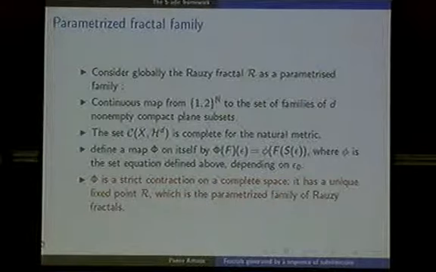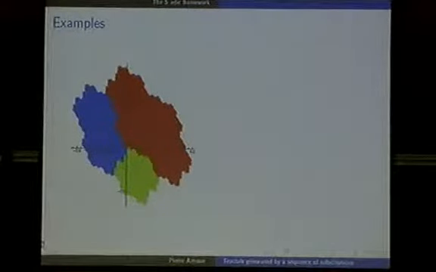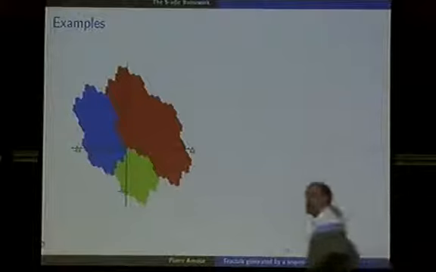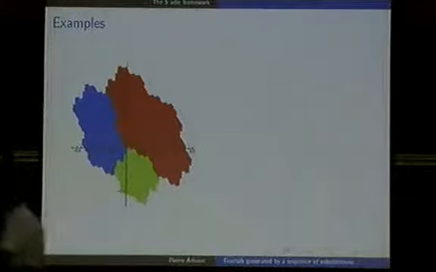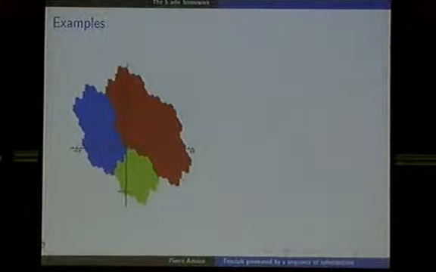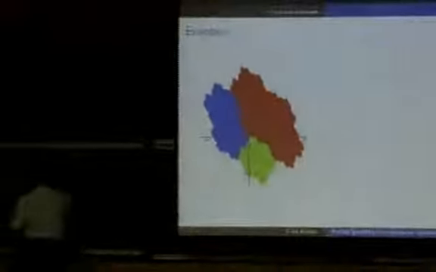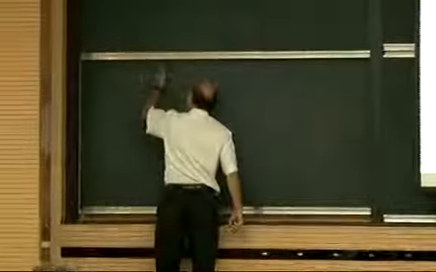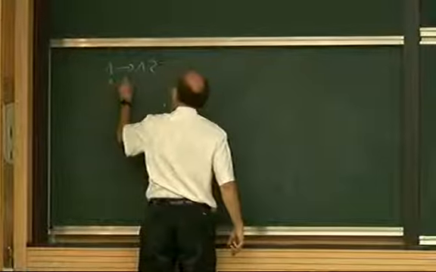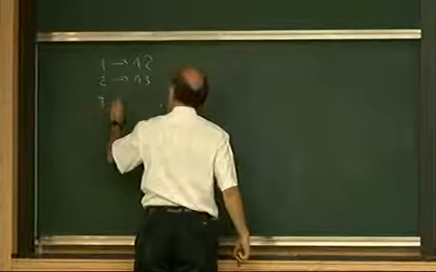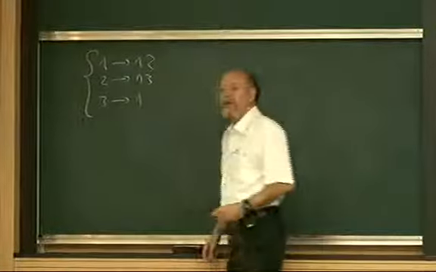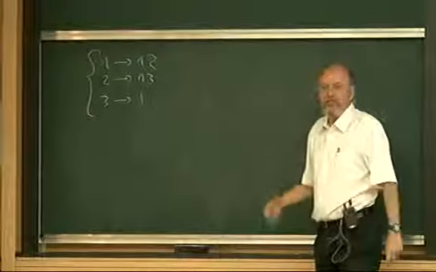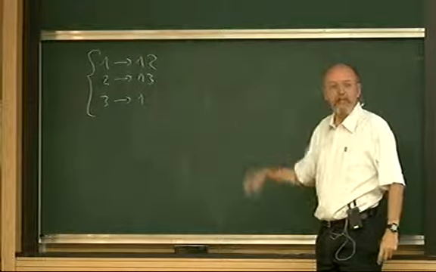So here is an example. I took the simplest example I could. Since I am a student of Rauzy, I could not prevent myself from taking this one, which is the simplest one where you can play this game.